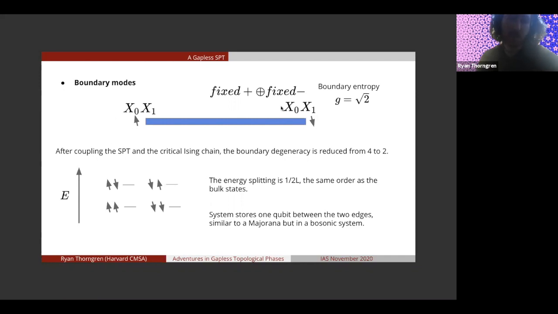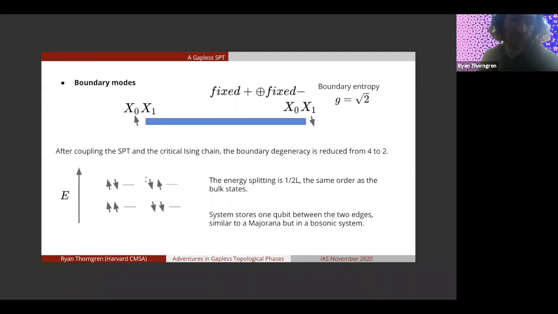But plus minus and minus plus, right? So the antisense boundary conditions are going to be lifted in energy from the boundary conditions where we choose the same one at the ends by an order 1/L energy, which is the same order as the other bulk states.